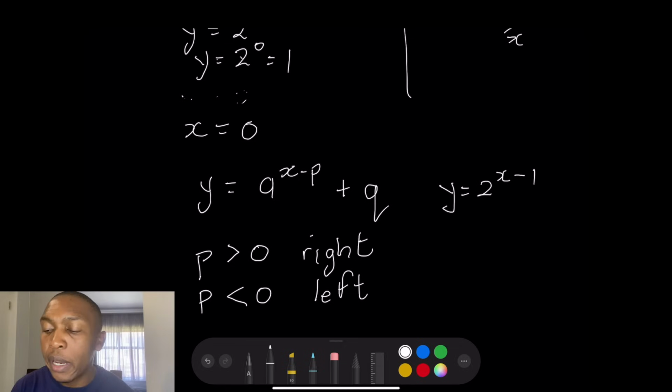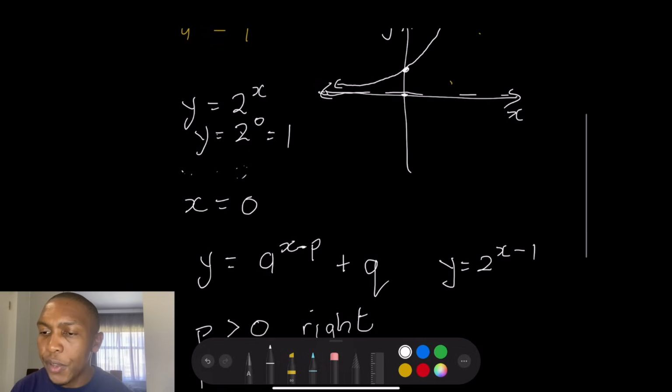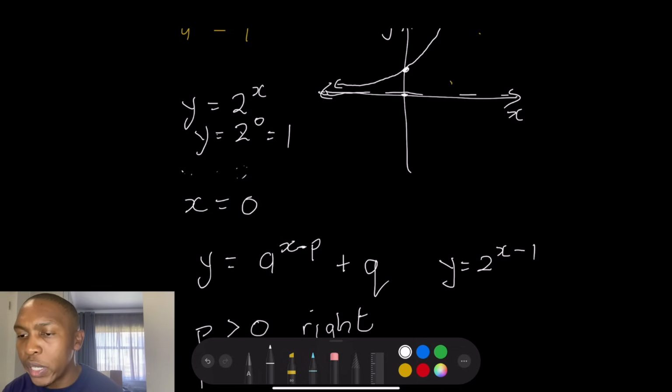Note that we already had a negative sign for p in the place of p there. So it's x minus 1. So what would this translate to? It means that we are taking the very same graph and we are now shifting it to the right, in this case, by 1 unit. So whatever happened at 0 would now happen at x is equal to 1.